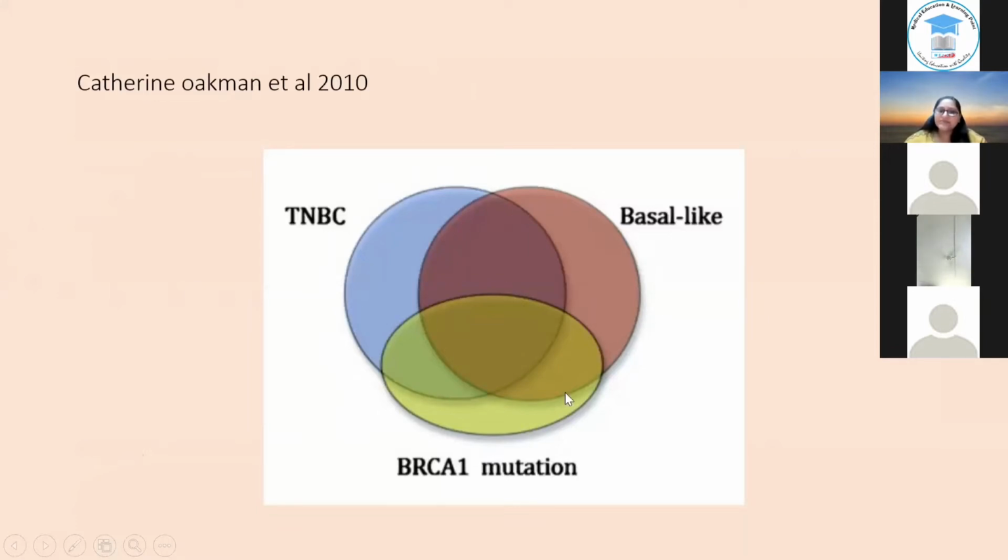The brown circle corresponds to basal-like breast cancers. So only 80% of the category are TNBC. The rest here, which are non-basal-like, correspond to 20% of the category. These 20% of tumors are claudin-low type, normal breast-like, and apocrine type. And the third circle, the green circle, is BRCA1 mutation, which I'm going to discuss later.